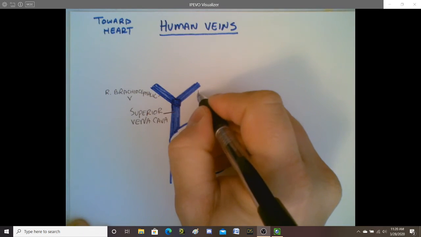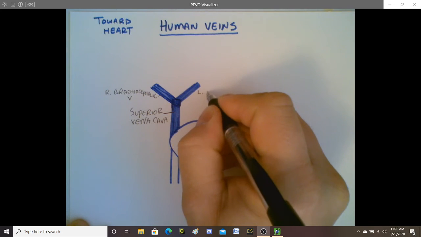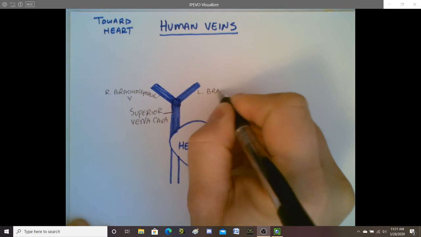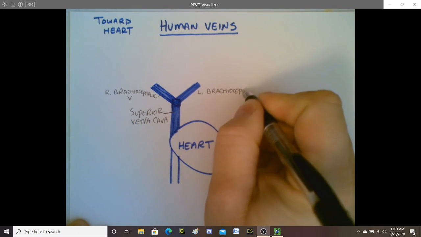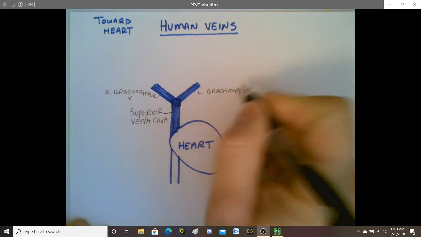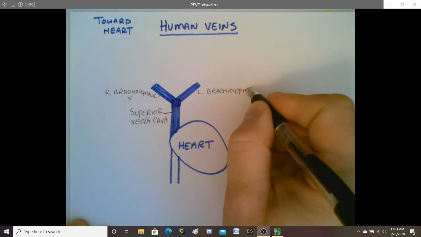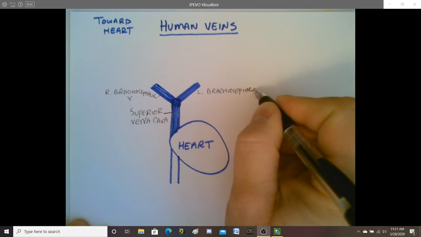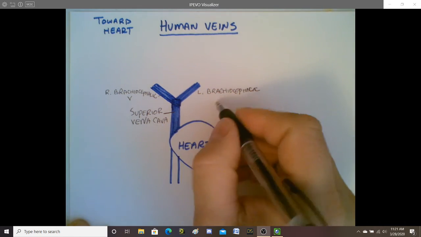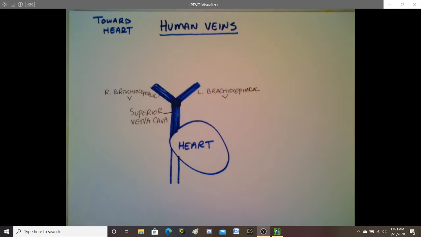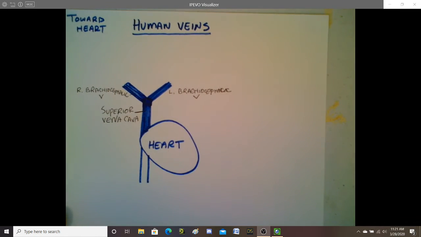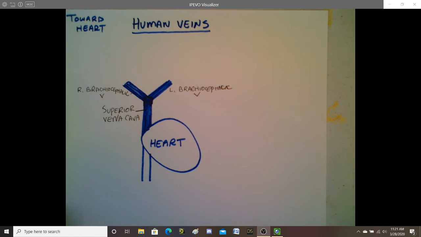This is the left brachiocephalic. I spelled it wrong. Vein. Alright. Now, let's just work on the left side because the veins are completely symmetrical.